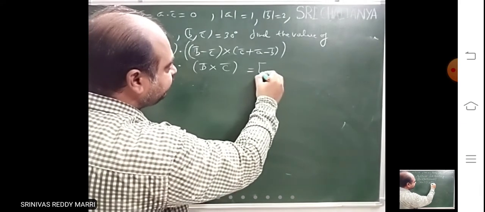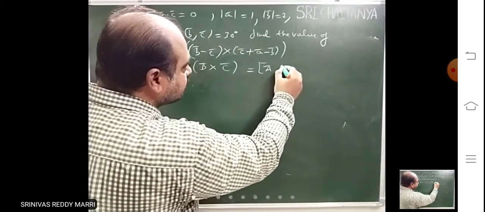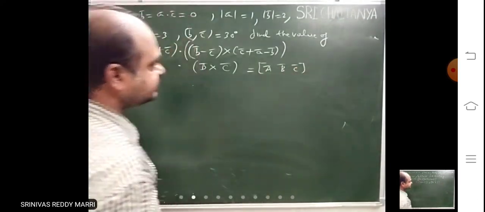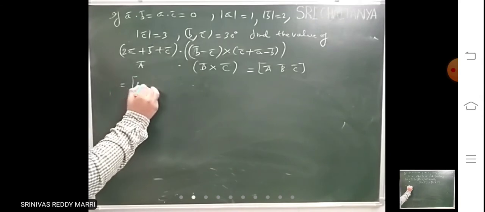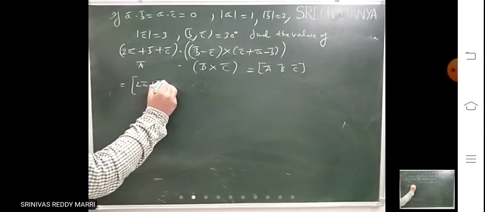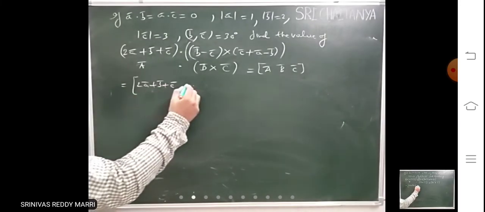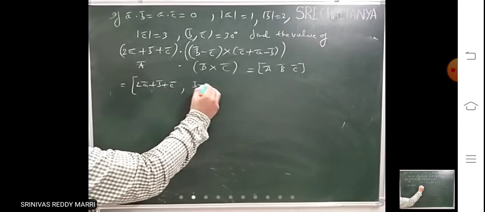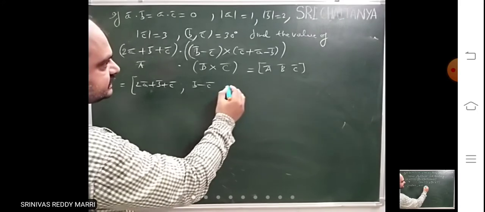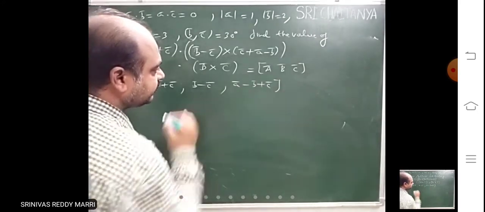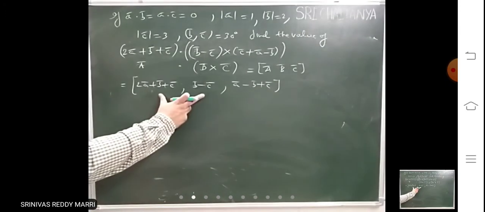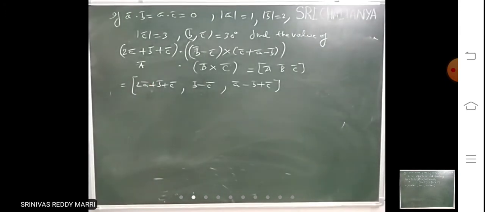According to our definition, A dot B cross C is nothing but box of A bar, B bar, C bar. That means box of 2A bar plus B bar plus C bar, comma, B bar minus C bar, comma, A bar minus B bar plus C bar.